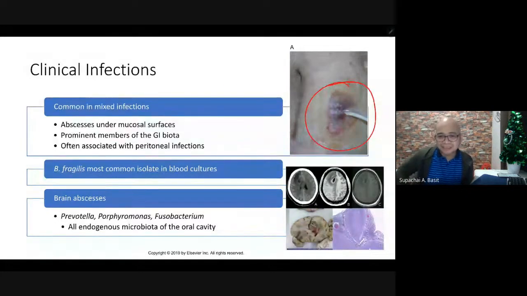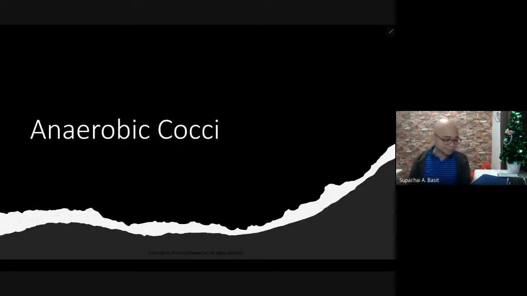So sa mga body cavities, they may even cause peritoneal infections. Bacteroides fragilis is the most common isolate in blood culture, and some bacteria may even cause brain abscess. They are part of the oral cavity but may go to the CNS, such as Prevotella, Porphyromonas, and Fusobacterium. So sa oral cavity lang sila, but eventually, they may even cause brain abscess.